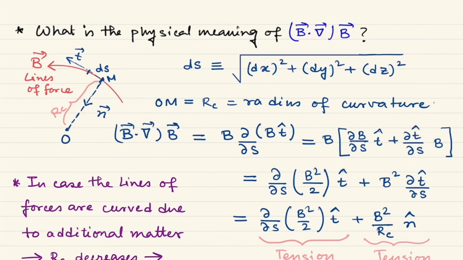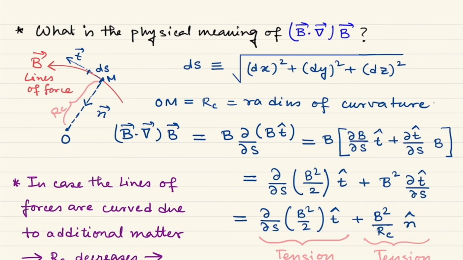Just using simple vector algebra, geometry, you can find that this term is given by 1 by RC times n cap.